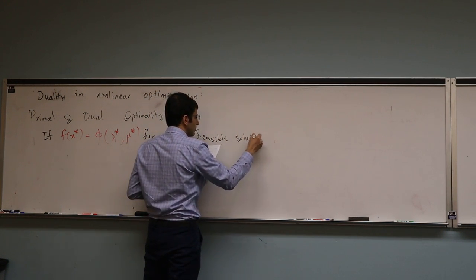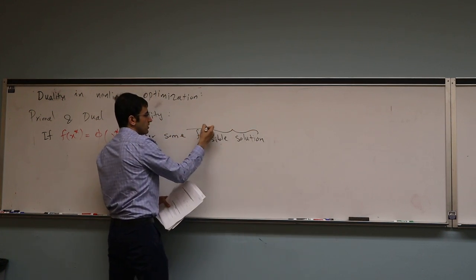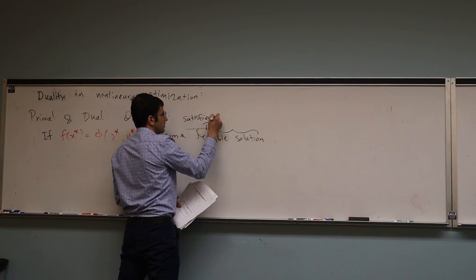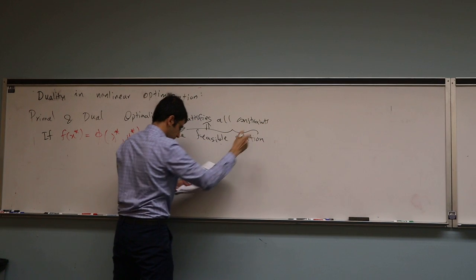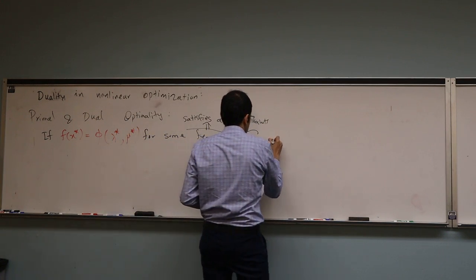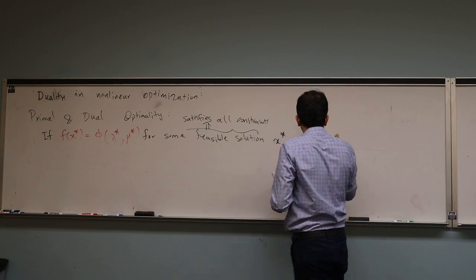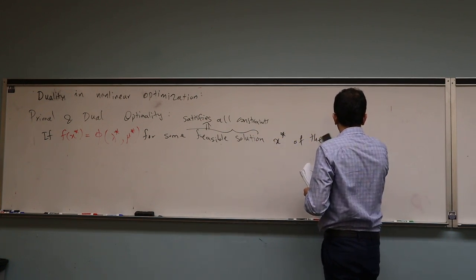A feasible solution means a solution that satisfies all of the constraints, like x star of the optimal problem, the primal problem.